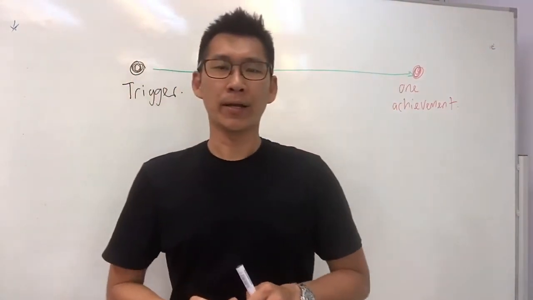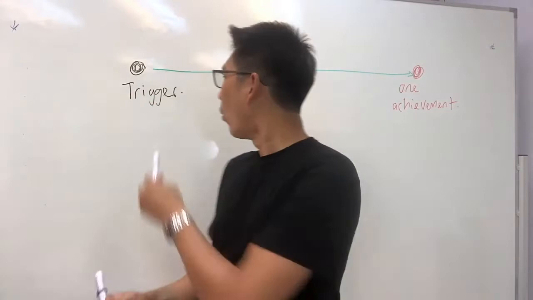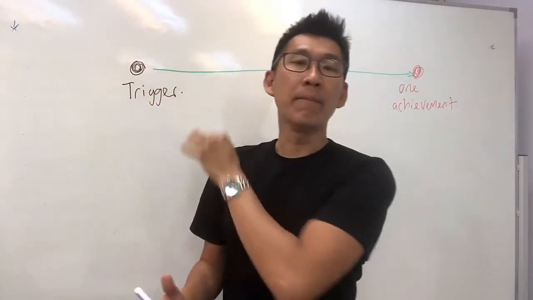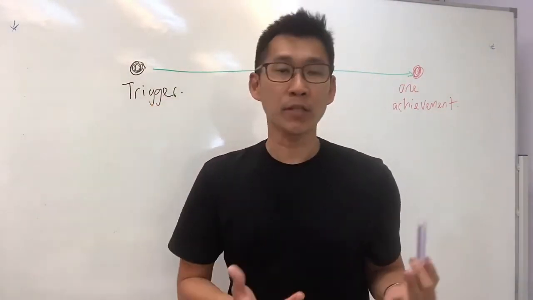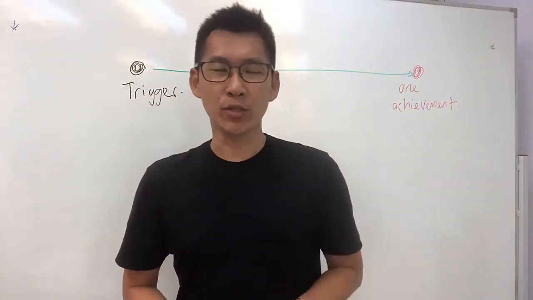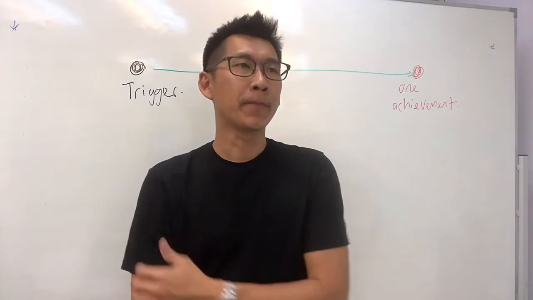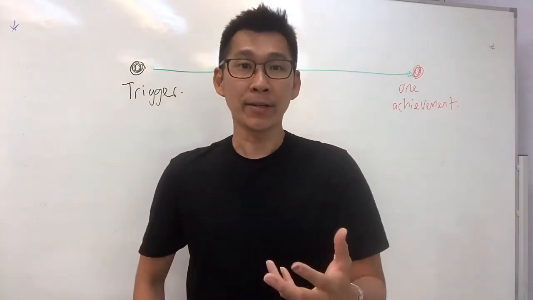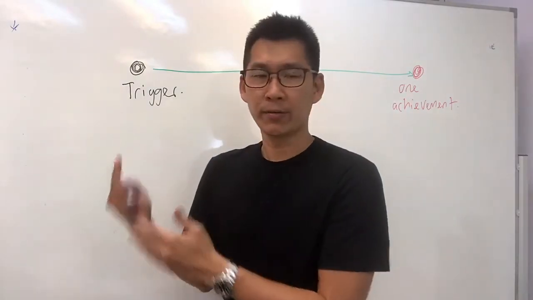So this is what matters the most. What is the trigger that makes your potential customers or prospects want to buy your product, or want the solution or the accelerator that you have? What is the trigger, right?